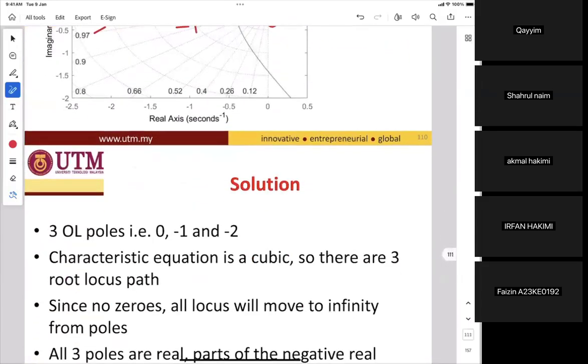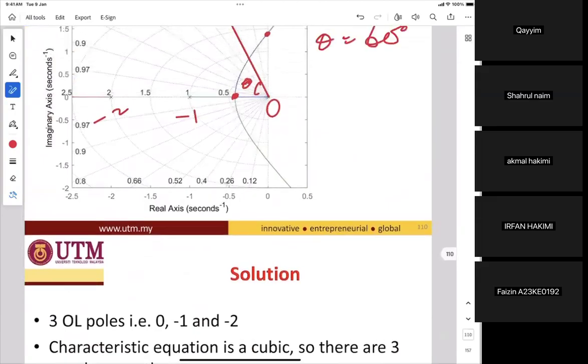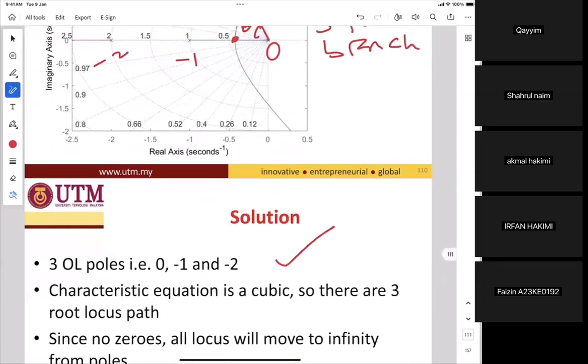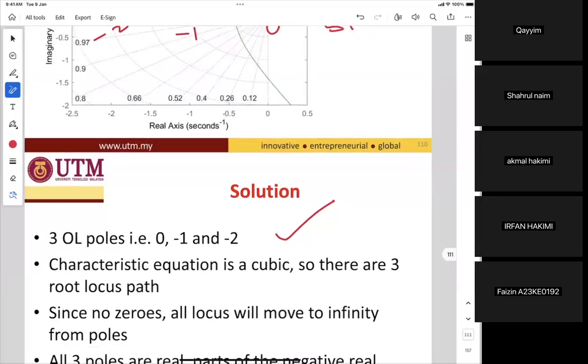So 3 open loop poles, 0, minus 1, minus 2, which give you 3 root locus branches. No open loop zeros. The characteristic equation is cubic, so there are 3 locus paths.